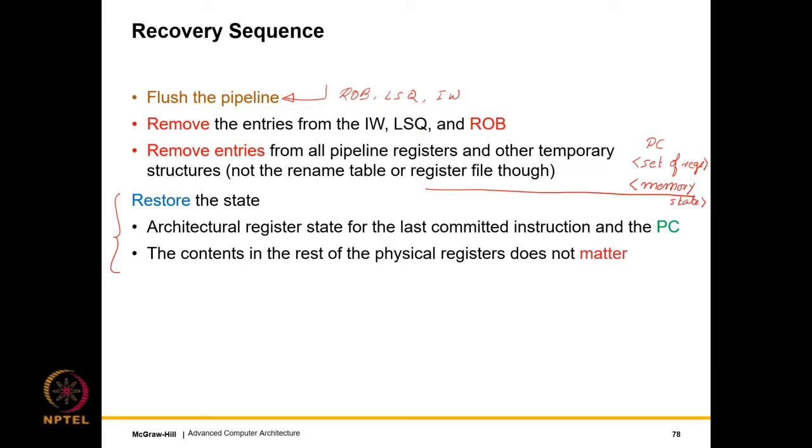The set of architectural registers, we need to ensure that it is correct. Well, it has to be correct. We will see why. The reason is that whatever was the current mapping when the branch was fetched, those physical registers have still not been touched. To a certain extent, those physical registers still maintain their value. They have not been touched.